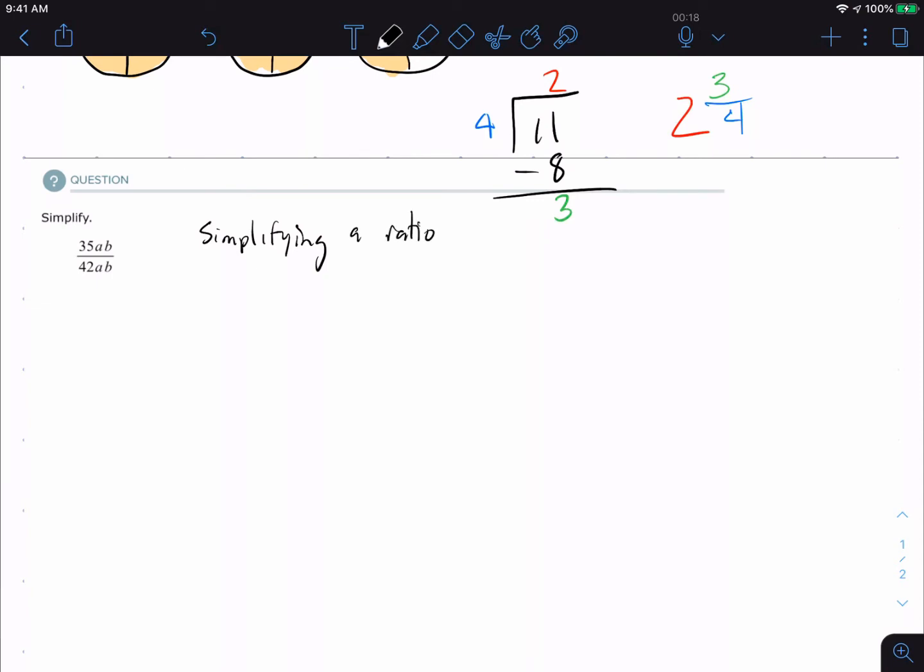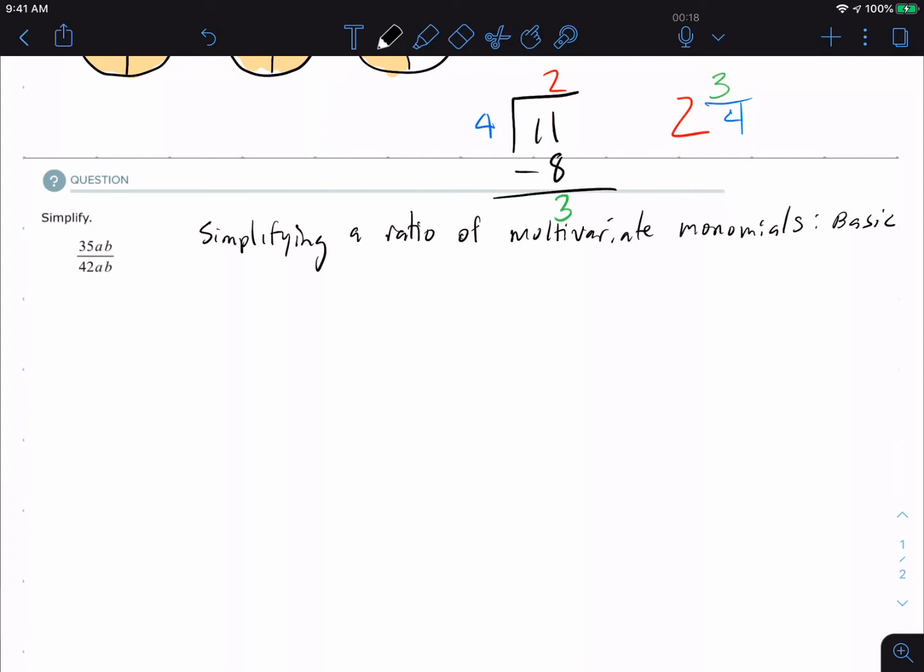And we all know that a ratio is just simply a fraction, correct? Trying to break it down as basically as possible, it's just a fraction.